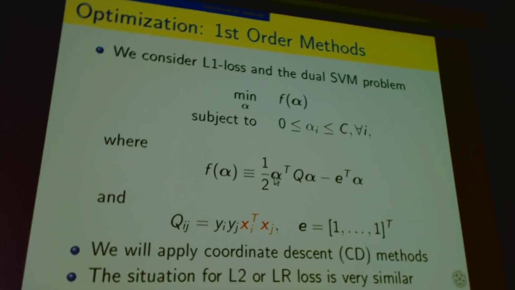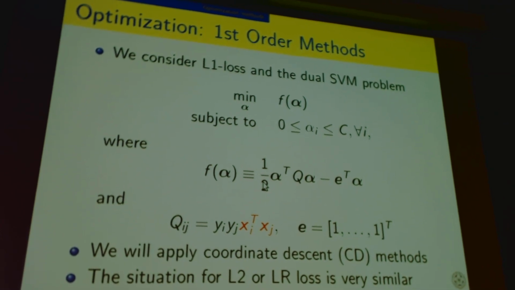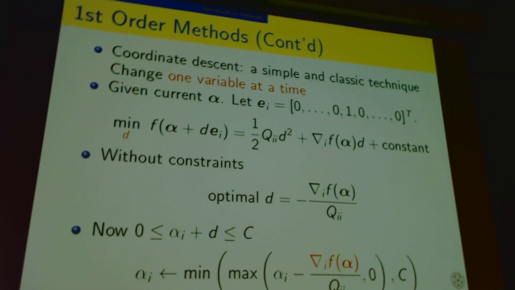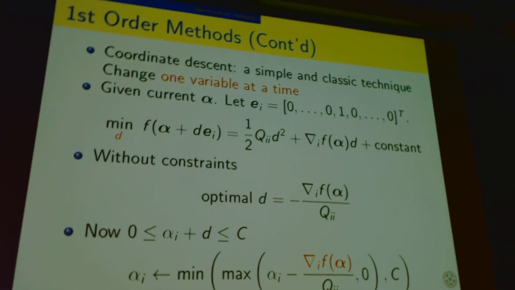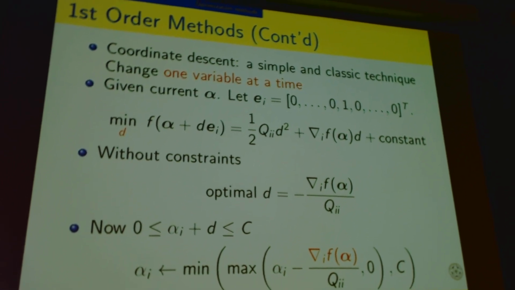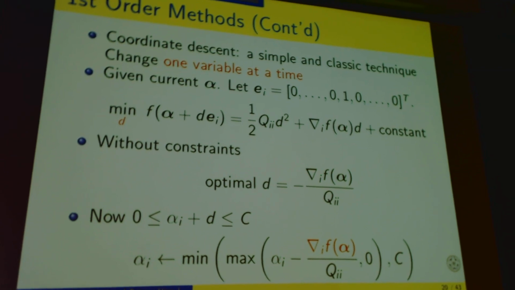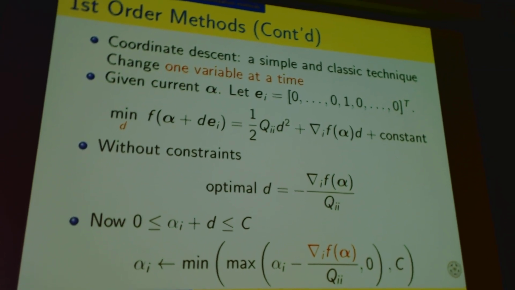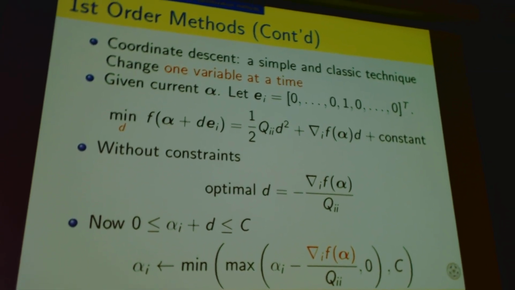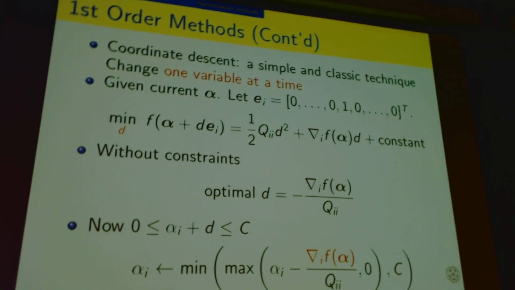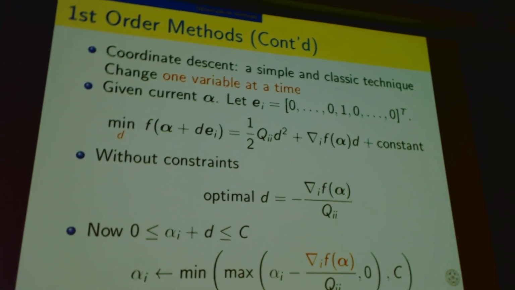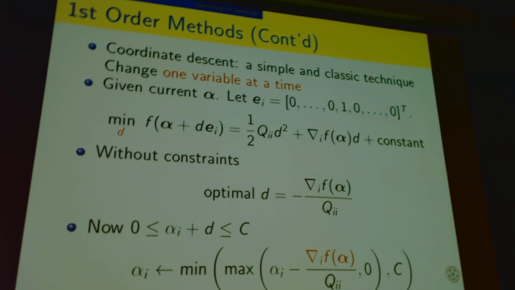Here I give a formulation of L1 loss, but if you are using L2 loss or logistic regression, the situation is similar. The idea is very simple. Coordinate descent is a very simple and classic optimization technique. At each step, you basically fix all the variables except one, so you try to change one variable by fixing all others.